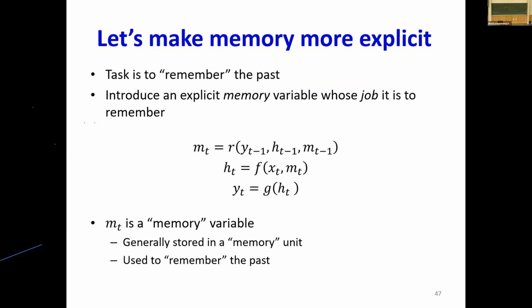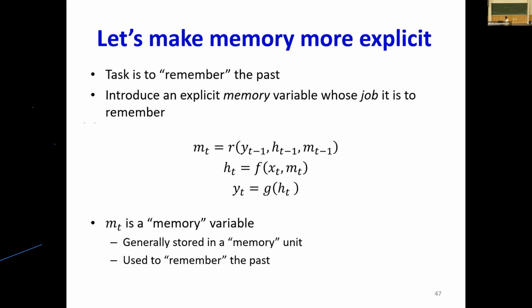I would like to have some internal variable in the network that represents the past, so that I increase the expressivity of the model itself. So I'm going to introduce an explicit memory variable, M_t, whose job it is to remember the past.